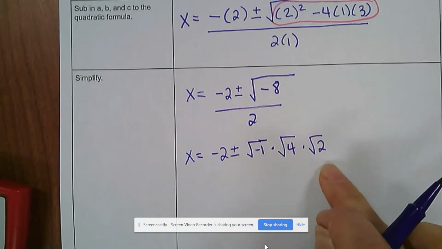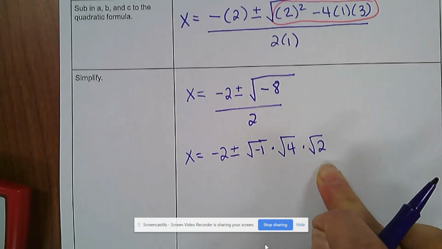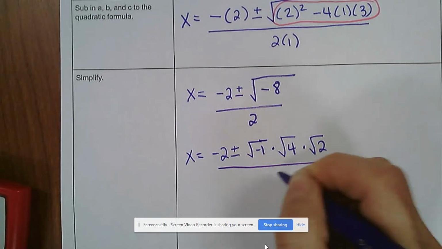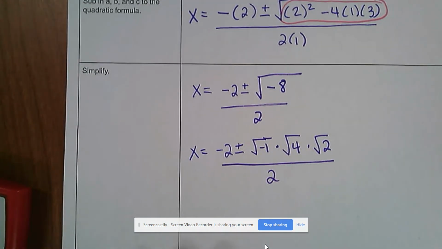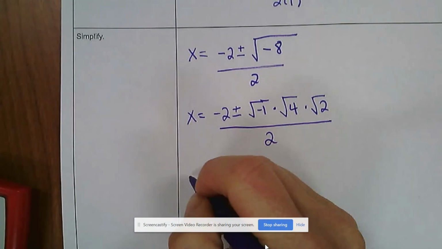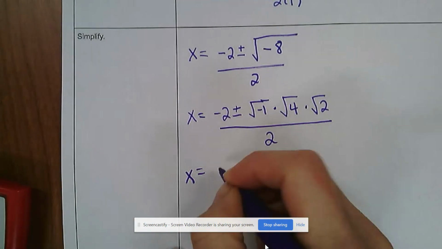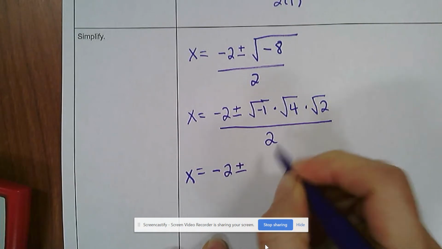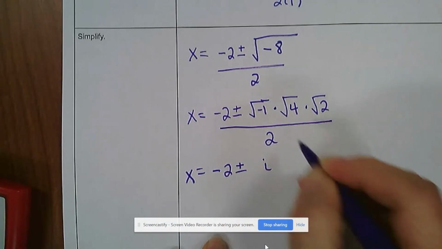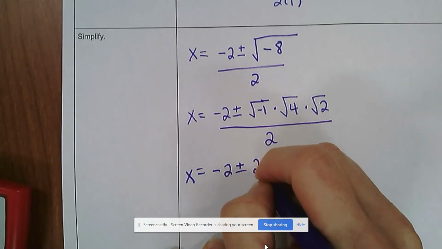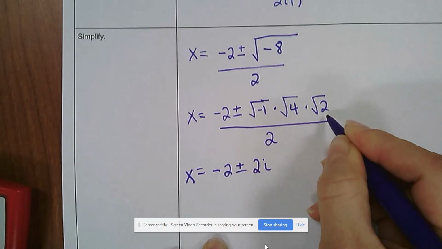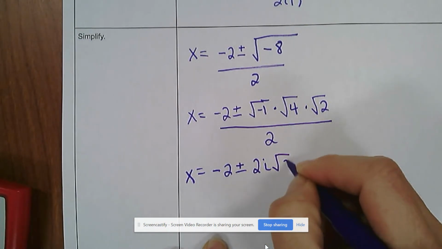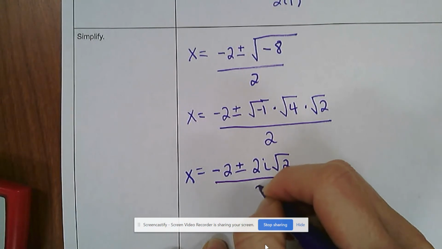So this is me breaking up that radical like you did on the previous sheets. And all of this is going to be over 2. We're going to simplify this a little bit more. So we have x equals -2 plus and minus the square root of -1 is i. The square root of 4 is 2. And this 2 is going to just stay in the radical. And it's all over 2.